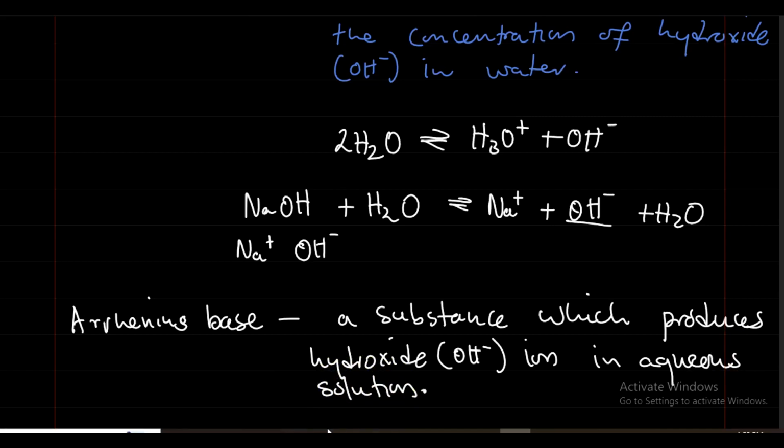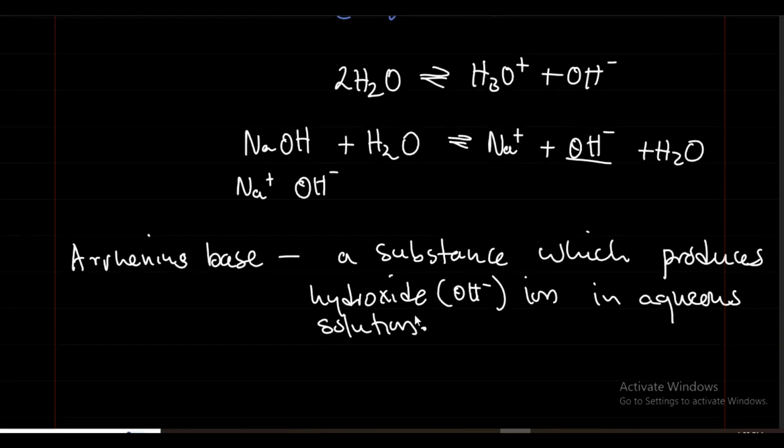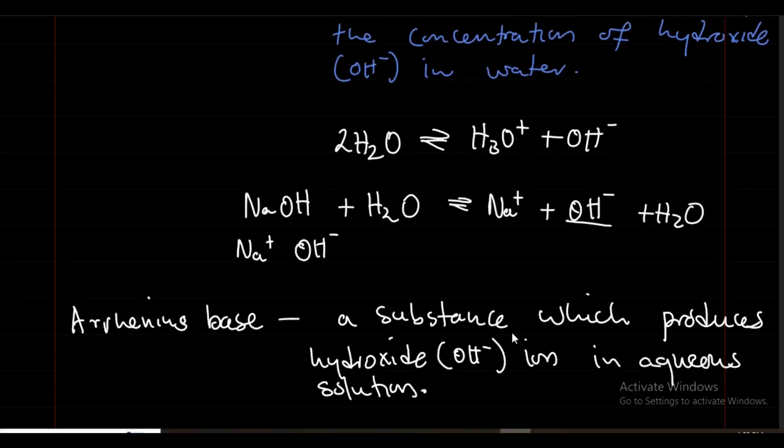So this definition from the guidelines only tells you that the base produces hydroxide ion in aqueous solution. It does not include the autoionization of water. In later stages you are going to understand what the autoionization of water is.